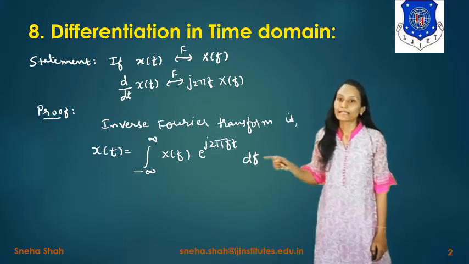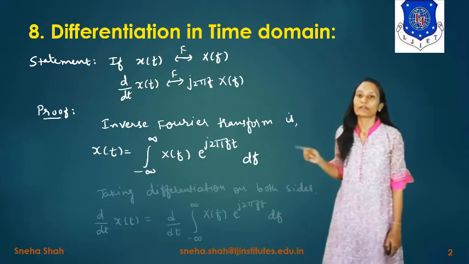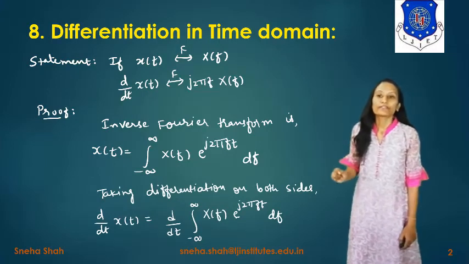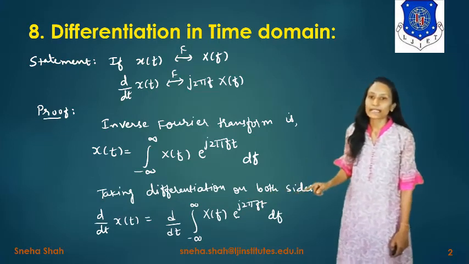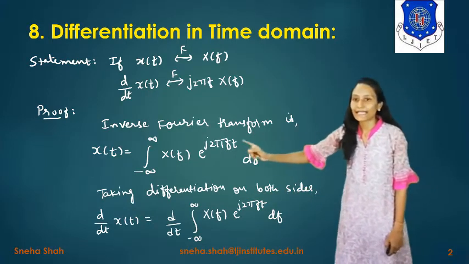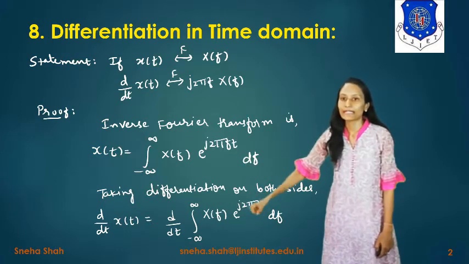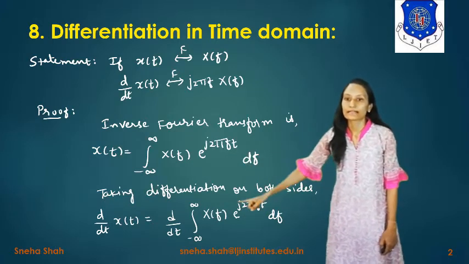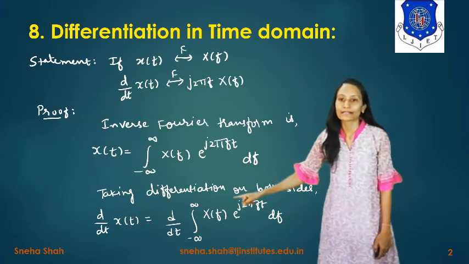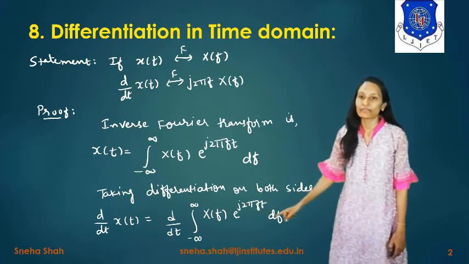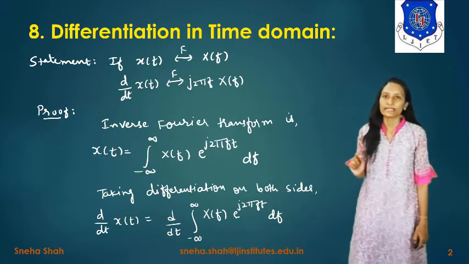So we take the differentiation of this equation on both sides. The term will be d by dt x of t equals d by dt of this, which means d by dt of the integration from minus infinity to infinity of X of f e raised to j 2 pi f t df.